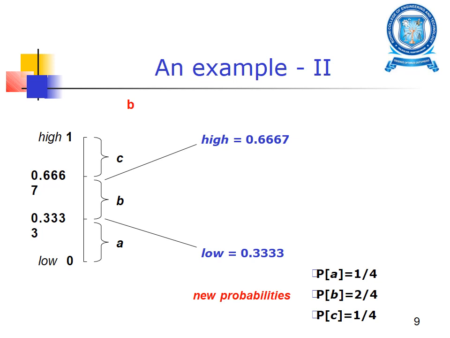In the next step, it is clearly given that the highest value is 0.667 and the lowest value is 0.333. Now I am going to take new probabilities: P of A is equal to 1 by 4, P of B is equal to 2 by 4 and P of C is equal to 1 by 4.